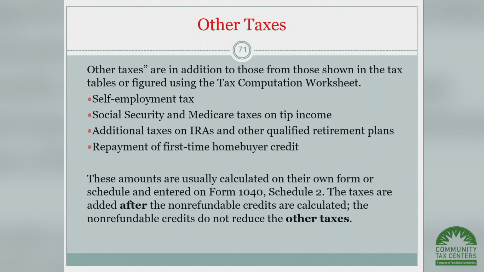So, other taxes. The way we're showing and representing these credits to you is the form in which they show up on the 1040 itself. What was the first topic you remember today? Deductions, that's right.